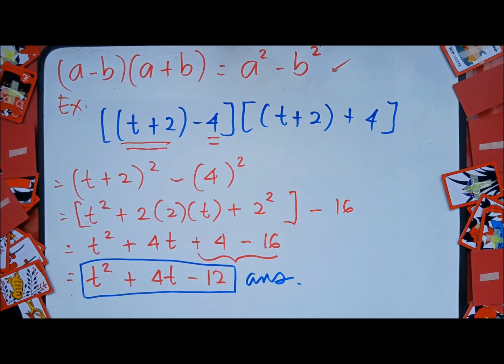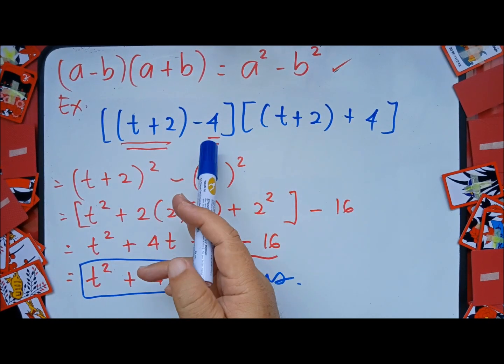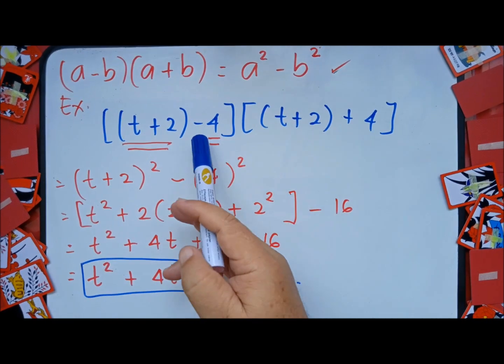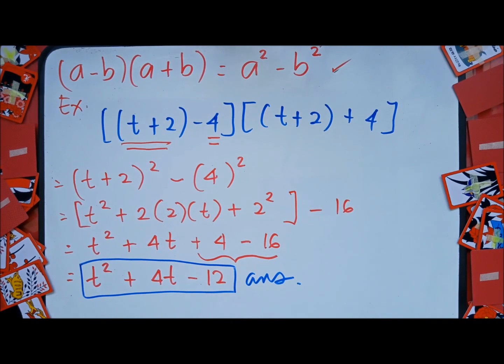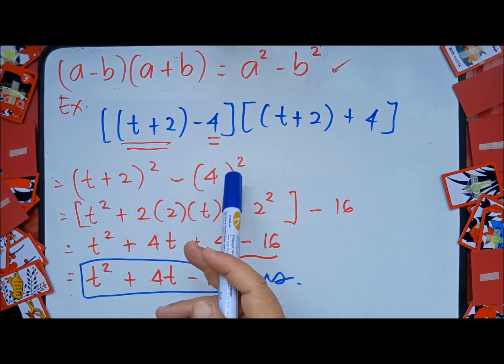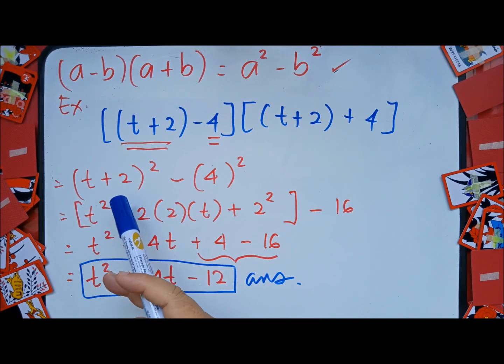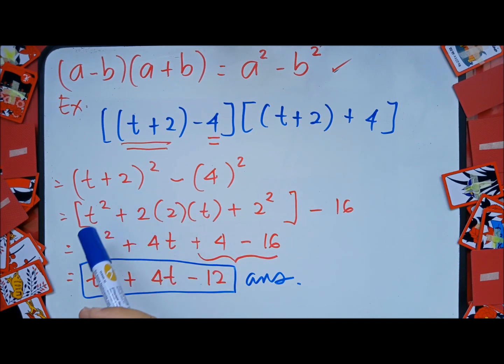We consider this as A, we consider this as B. A, same. B, same. Opposite sign. Okay, we can apply. Then this is your A squared minus B squared. Now, squaring the binomial, t plus 2 squared is equal to t squared plus twice the product of the first and second term, then squaring the last term. Remember that in our previous lesson, last topic.